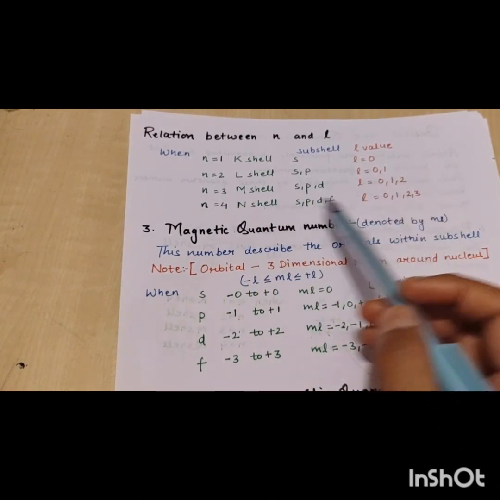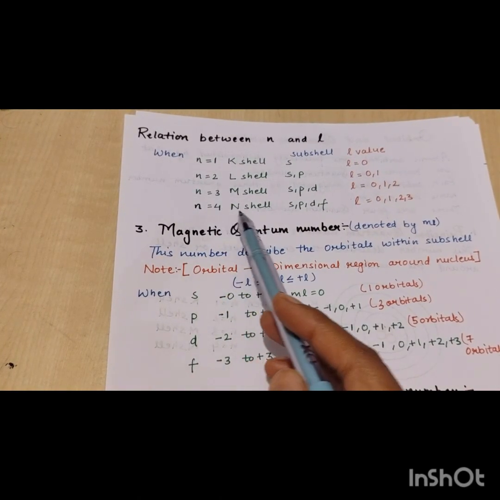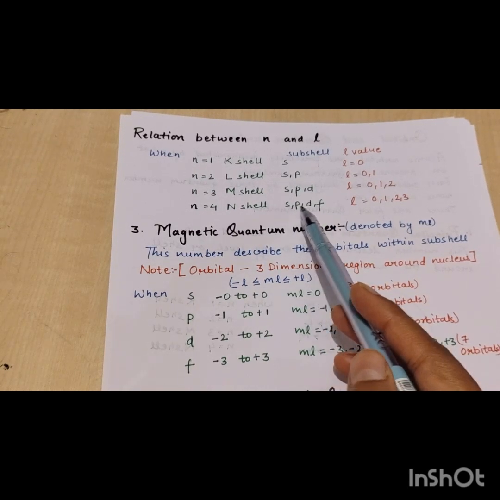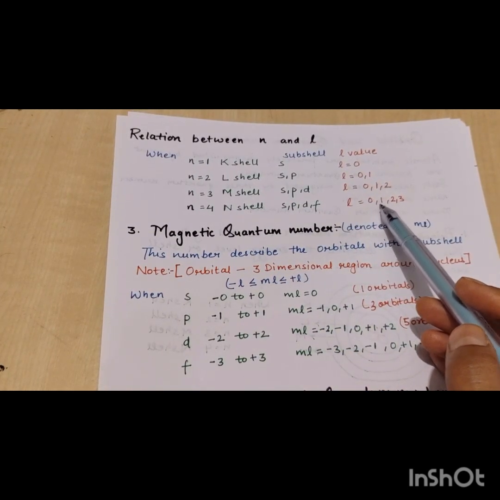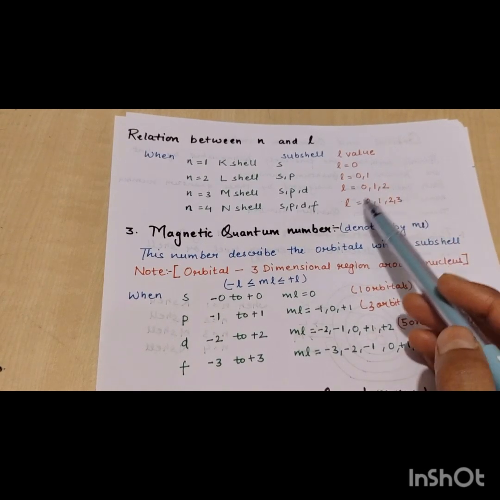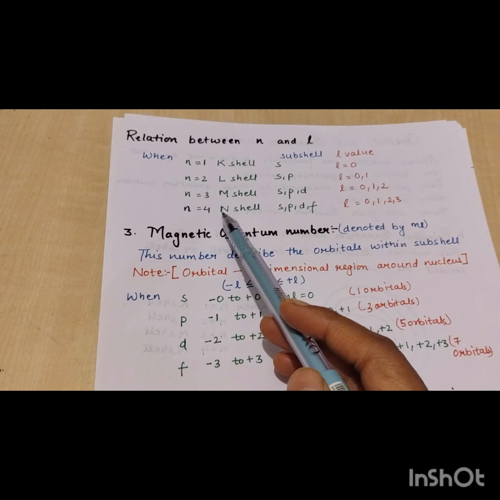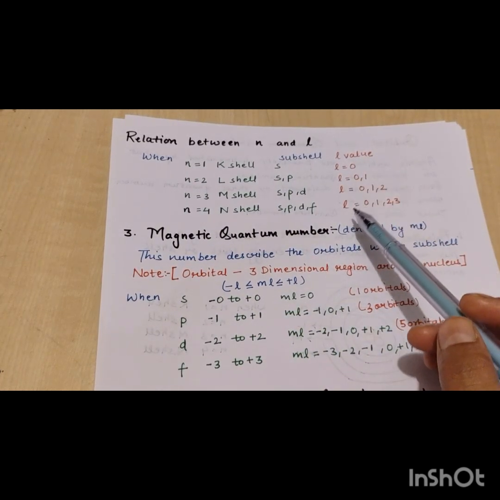For principal quantum number 4, the N shell, there are 4 subshells s, p, d, f and the angular quantum number is 0, 1, 2, 3. Total 4. So this is the representation of the angular momentum.